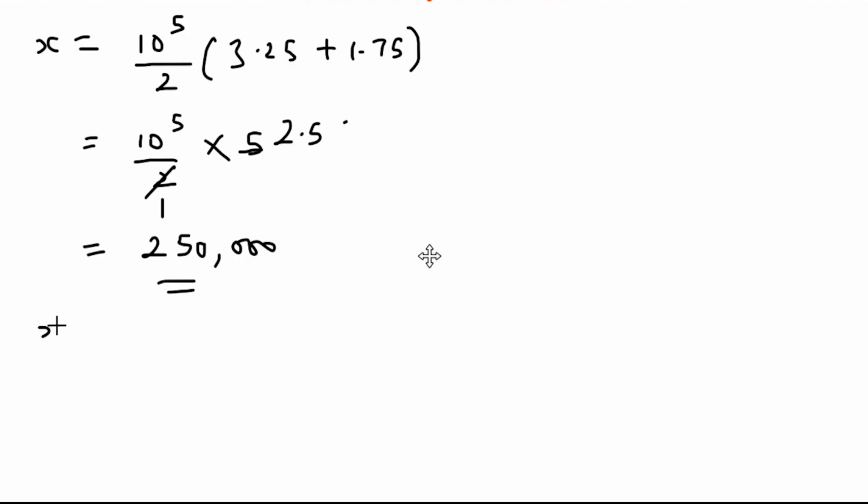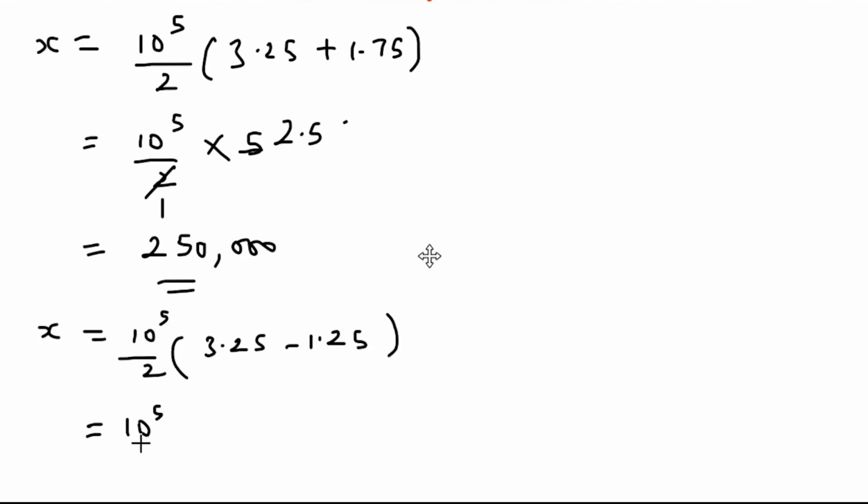Now there's another value of x, that is if we use a minus, so 10 to the power 5 over 2 into 3.25 minus 1.75. This gives us 10 to the power 5 over 2 into 1.5.